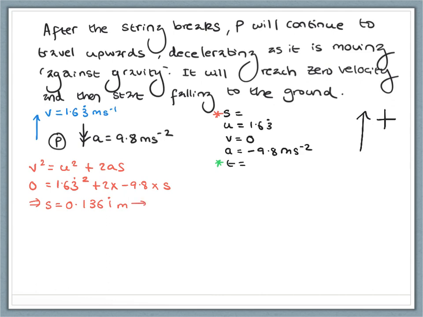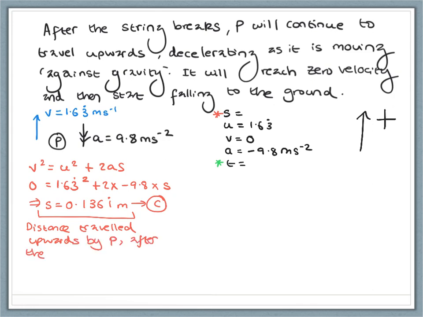I'm not going to round it just for the moment, but I am going to save it in a calculator memory and write down which memory that is. So this is the distance travelled upwards by P after the string breaks due to its momentum.